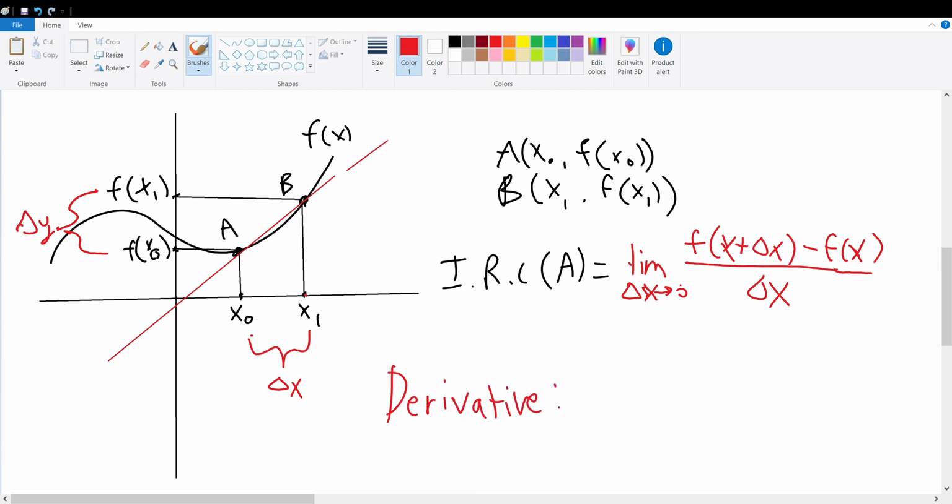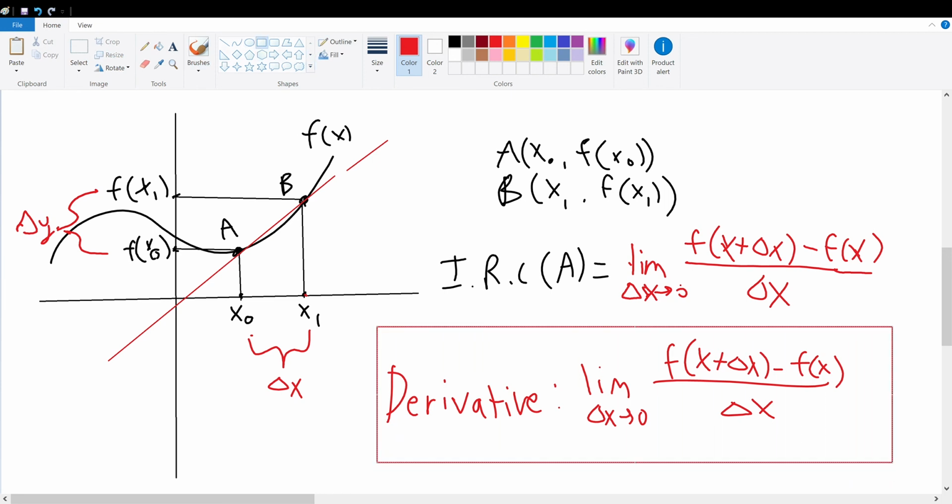The definition of the derivative will be the limit when delta x approaches 0 of f of x plus delta x minus f of x, divided by delta x. This will be our definition of the derivative in terms of a limit. Hence, we have understood what the instantaneous rate of change is. It is the derivative.